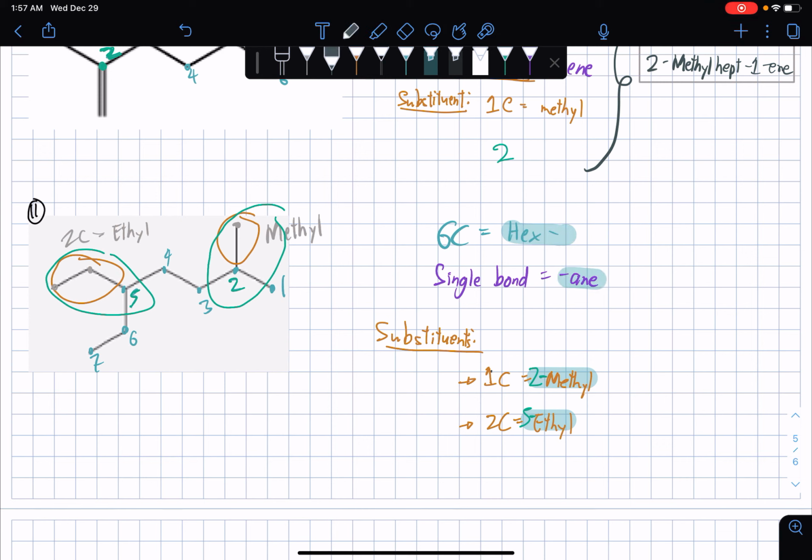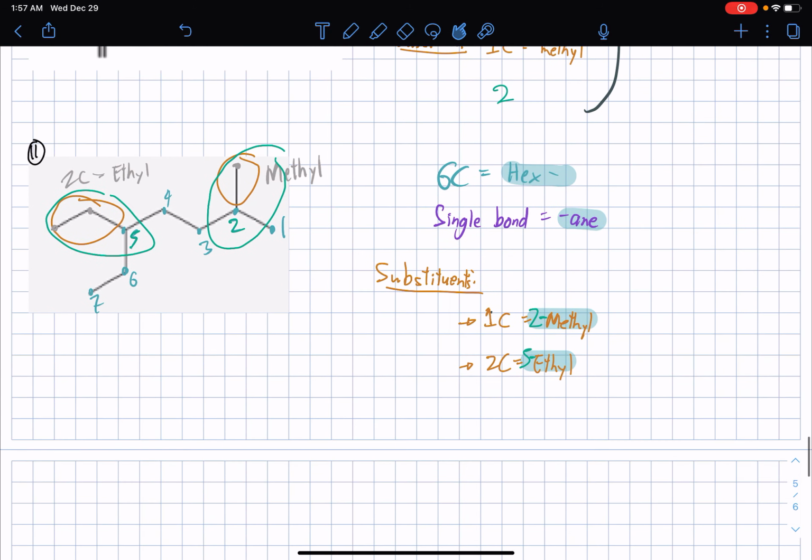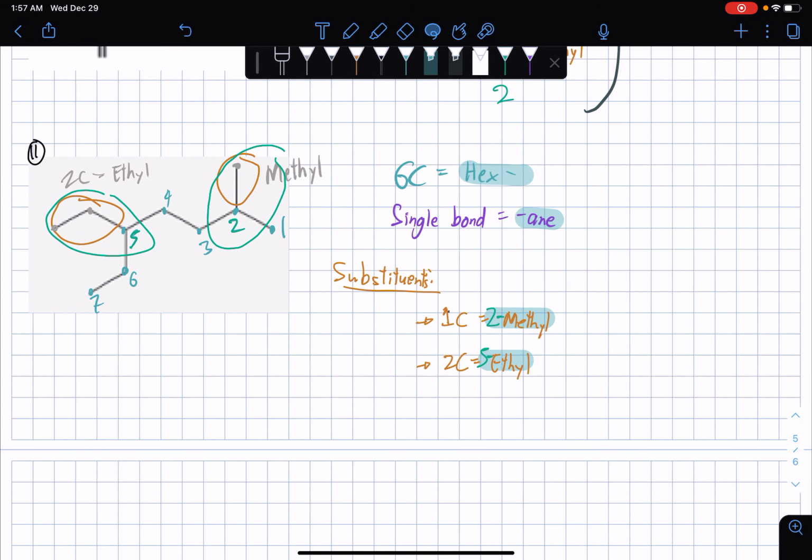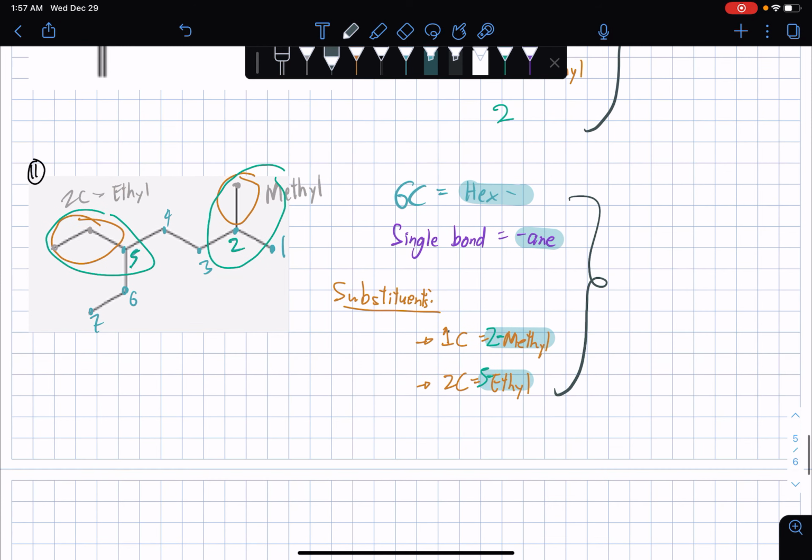Alright, I think this is everything that we have to know. Let's move this here to make space for the labeling. So we have to label it 5-ethyl, 2-methyl. Actually, yeah, or just place 2, then dash methyl. Then place, I'm so sorry, I was mistaken earlier.